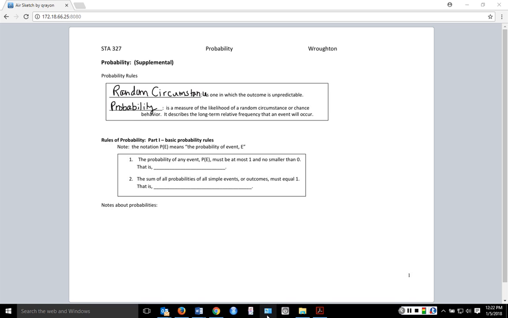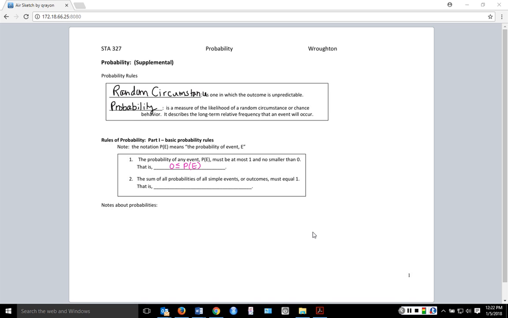So some basic information that we need to work with here is to understand some basic rules of probability. The first one, and this is an important thing when we start calculating them, is that a probability has to always be between 0 and 1. Another way that we write that is 0 ≤ P(E) ≤ 1, where E is just any event that we're talking about.